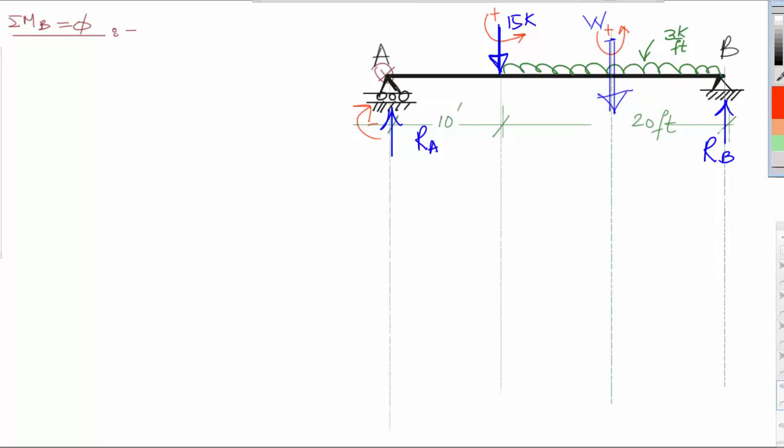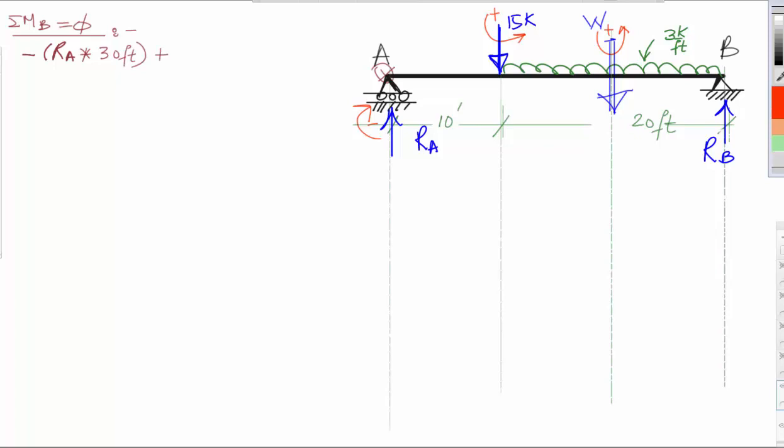So let's do the numbers. We have minus RA multiplied by this entire distance, which is 30 feet.